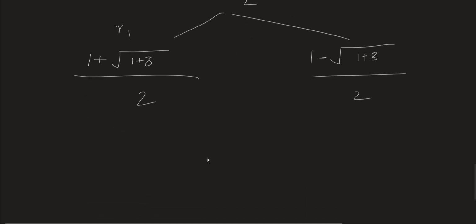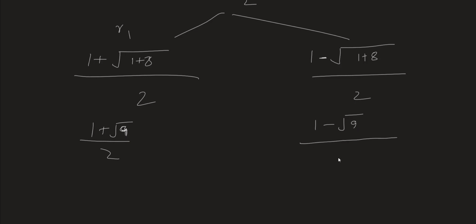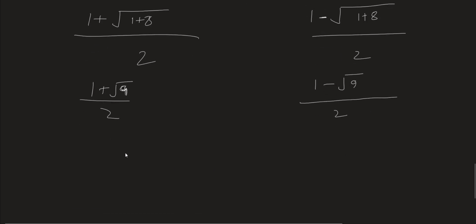So this will be equal to 1 plus the square root of 9 over 2, and 1 minus the square root of 9 over 2.